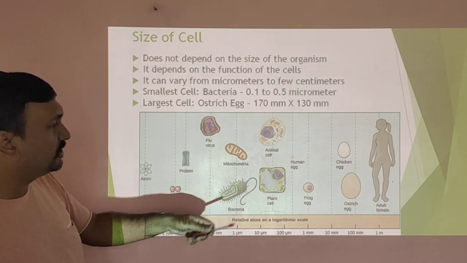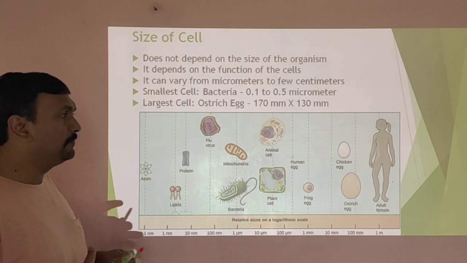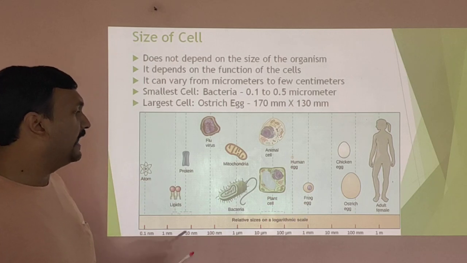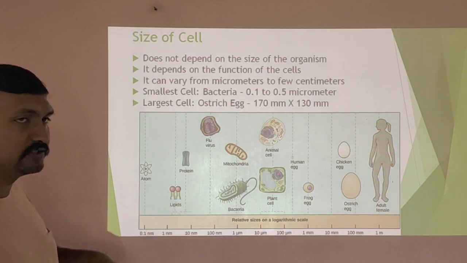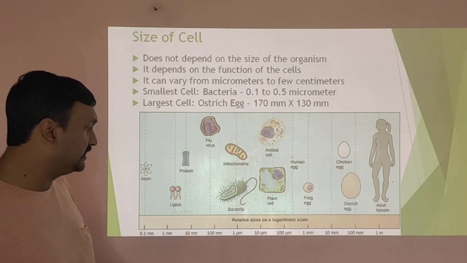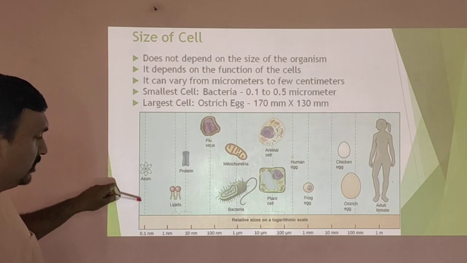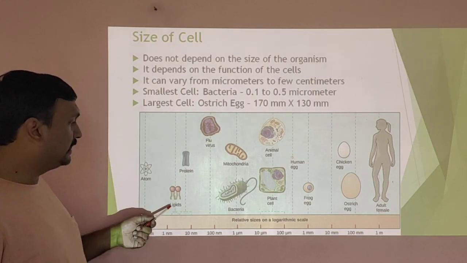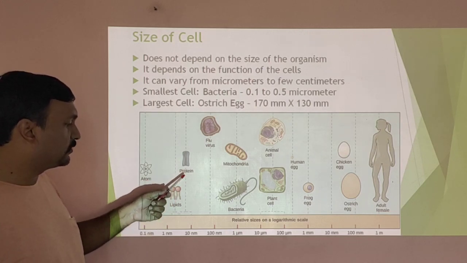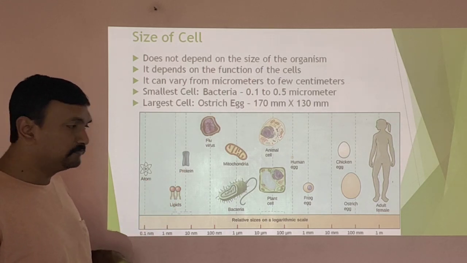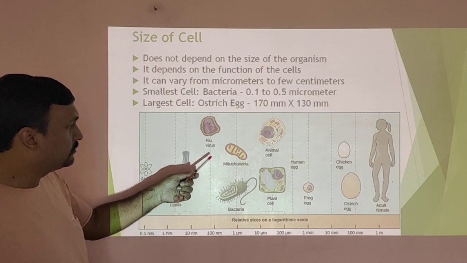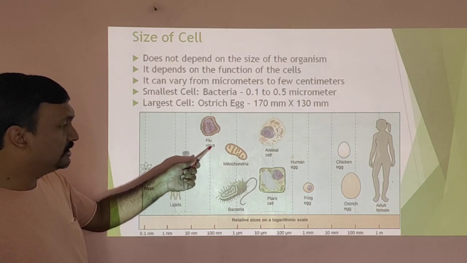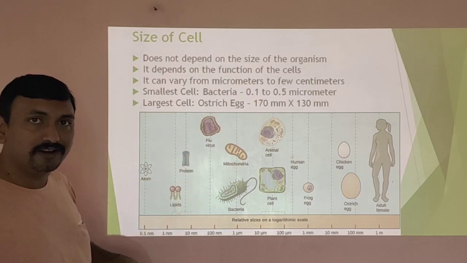This is a picture where we see a comparison of different cells and certain subcellular structures, that is the structures present inside the cell. We are starting with an atom of 0.1 nanometer, and then some molecules like lipids and proteins which are larger than the atom, and then some viruses, like the flu virus, which is even smaller than some other cell organelles.